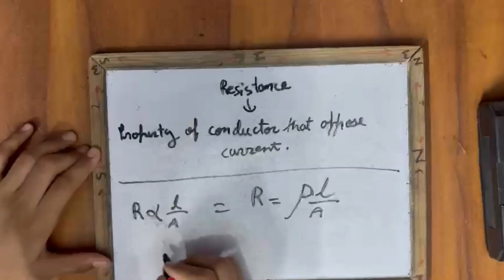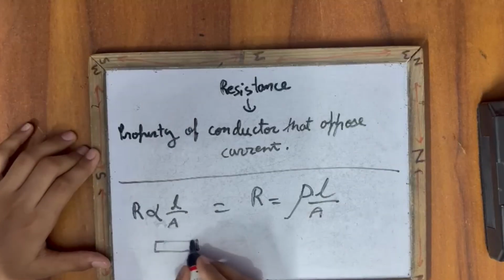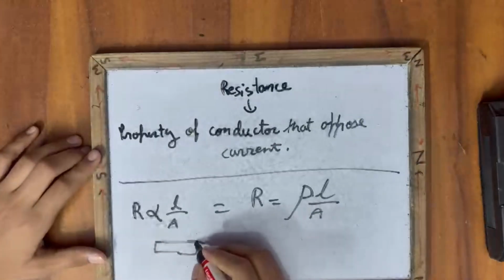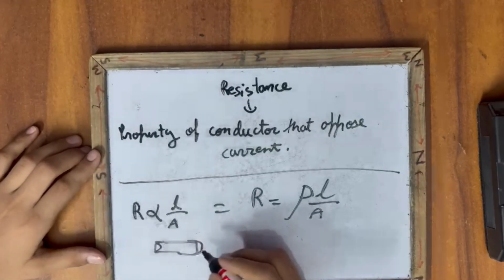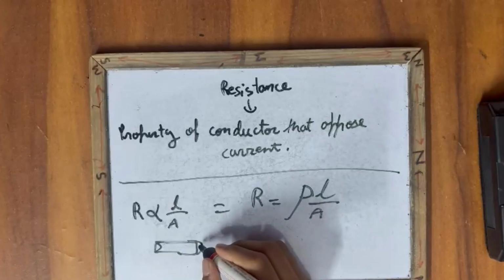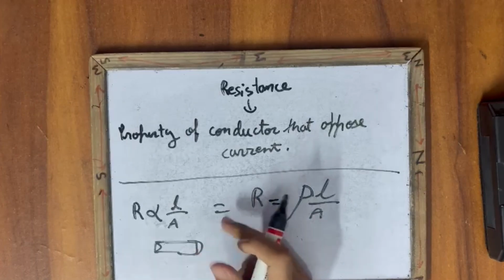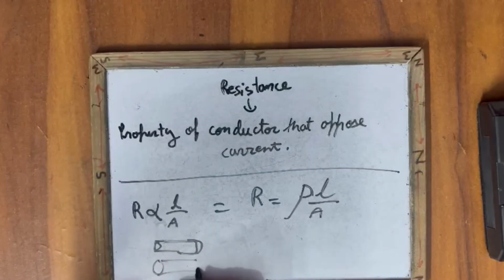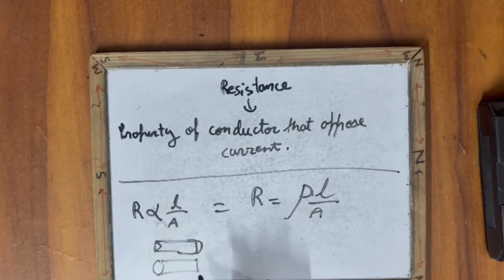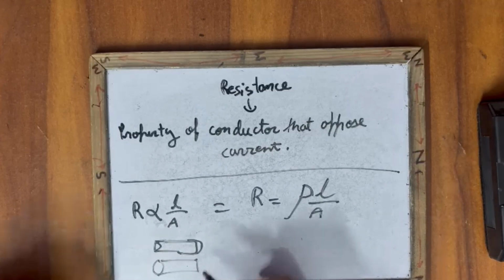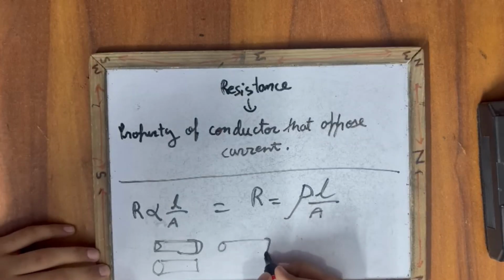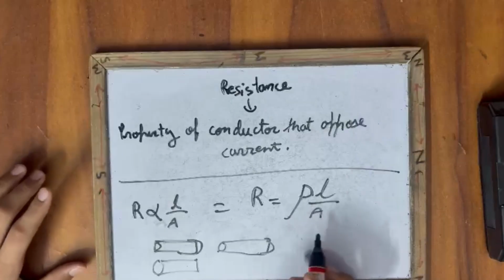And the formula for resistance, let me tell you. Imagine that this is a wire. If we increase the cross-sectional area, the resistance will decrease, and if we increase its length, the resistance will increase.